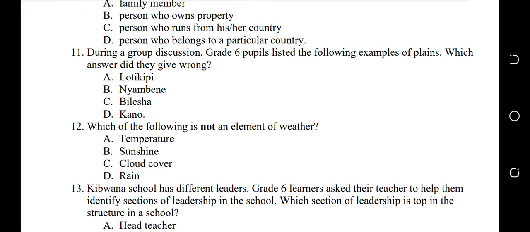Lotikipi is a very common and well-known plain. Nyabene, we have Nyabene hills. So Nyabene are hills, not plains. Bilesha is a plain, and Kano is also a plain. So the correct answer here is B, Nyabene Hills.